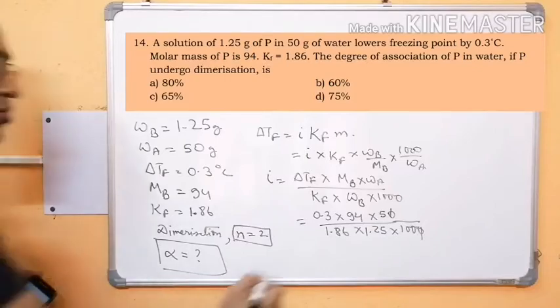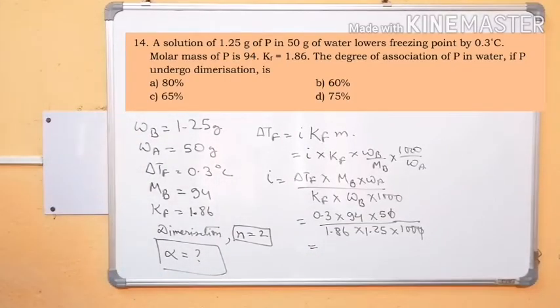So you can take the help of a calculator, or you can solve yourself also. Let me see what it is coming. 0.3 into 94 into 50 divided by 1.86 divided by 1.25 divided by 1000.